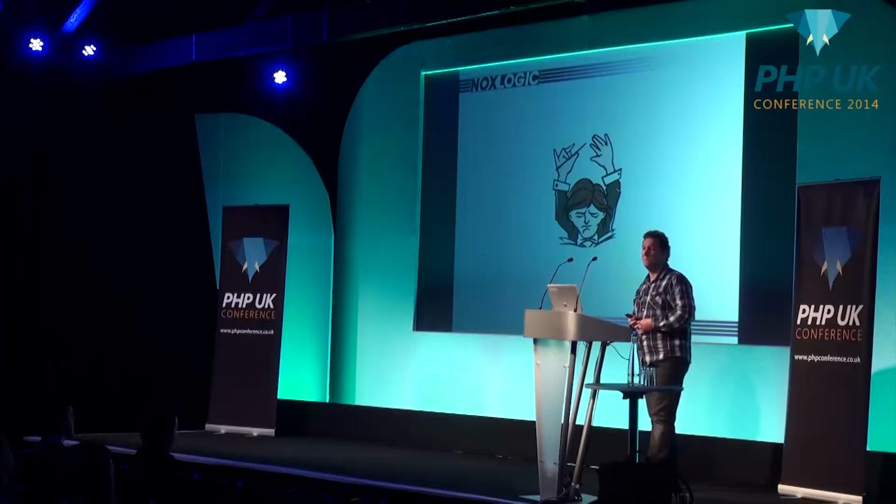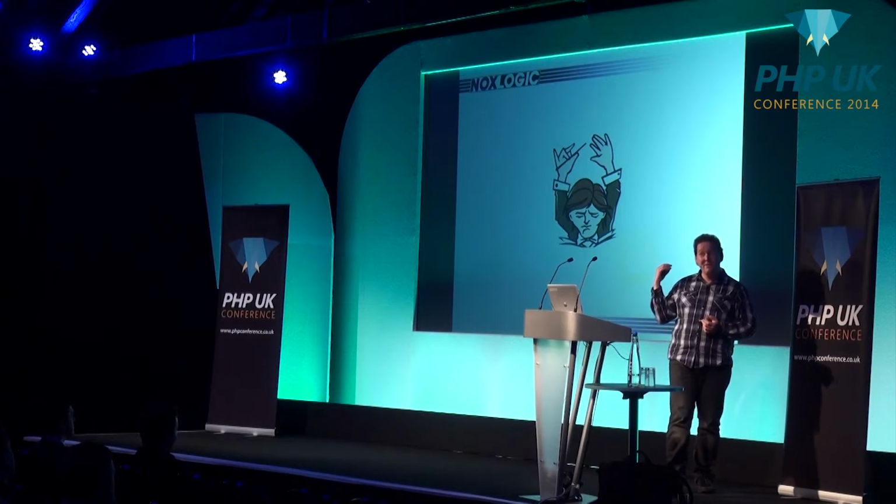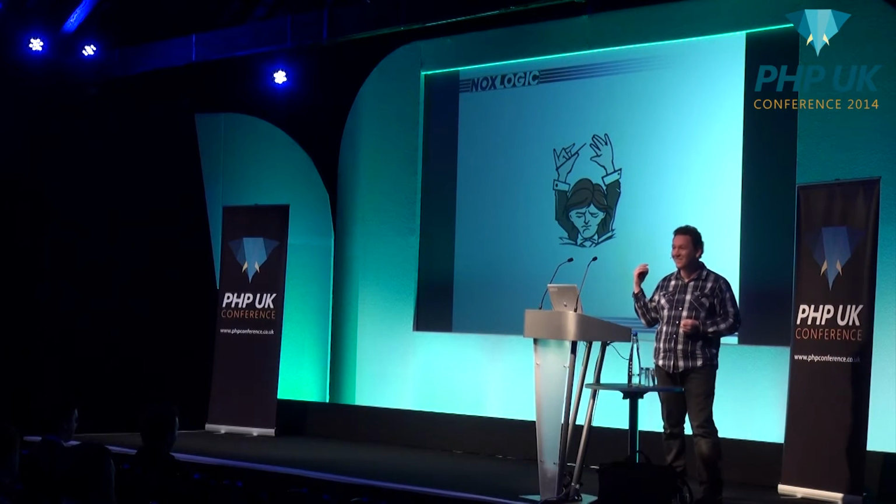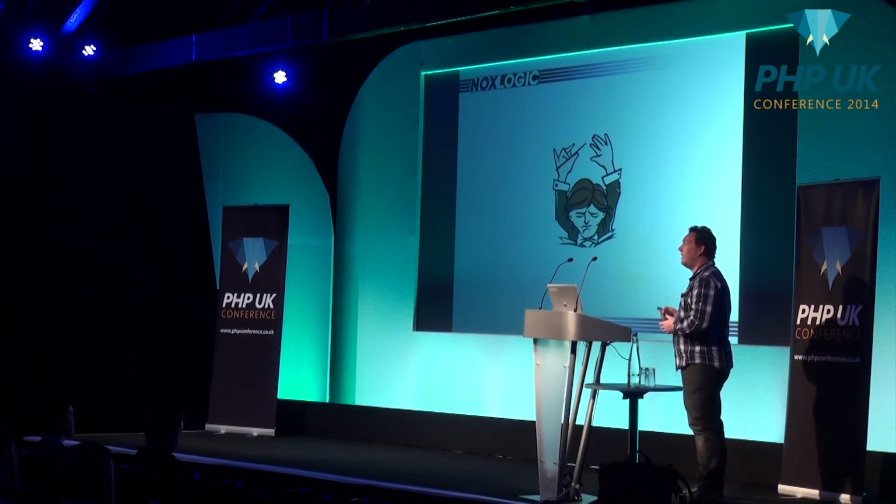So, why should we use package managers? The best way to explain that to you is by a very simple graph. Anyone, any idea what this is? All right, Composer, right?